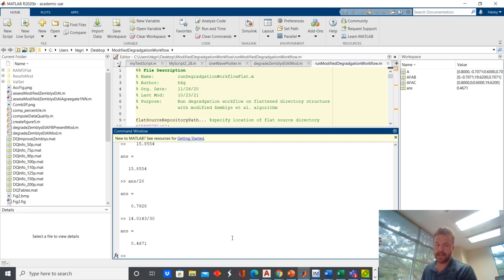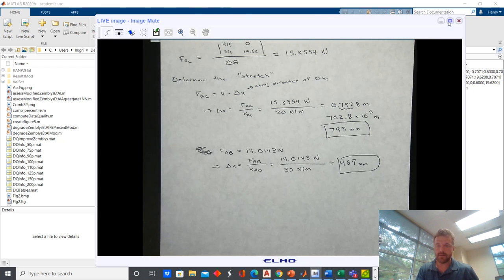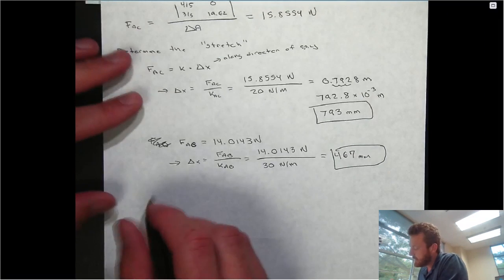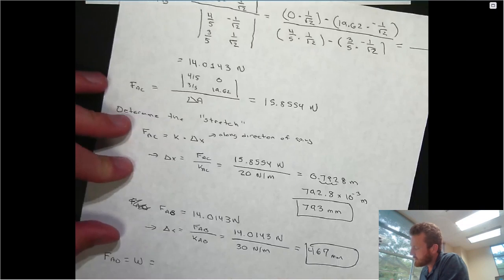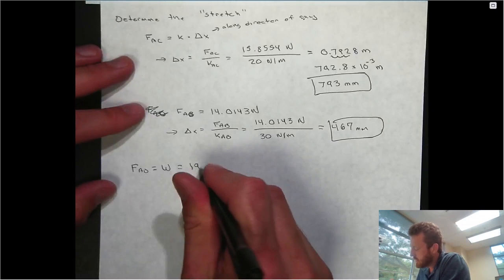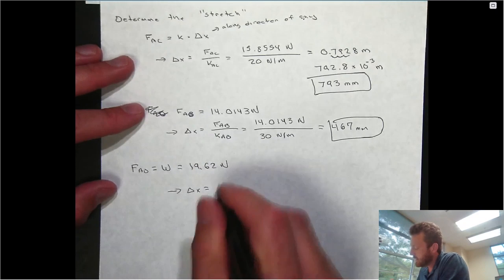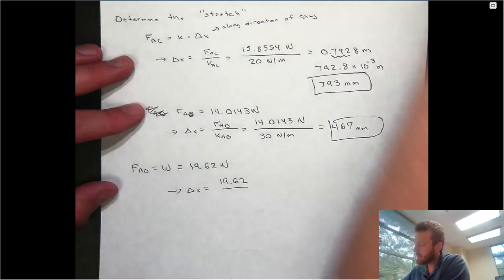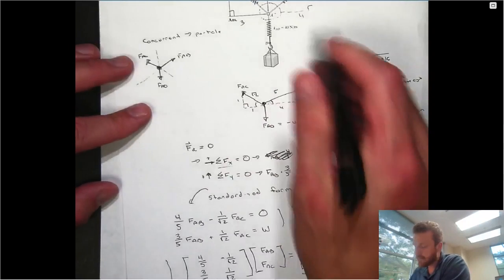And then finally, the last one that we need to compute is the actual stretch of the spring that's directly attached to the weight. So that would be FAD, which we know to be W, which was just 19.62 newtons. So the displacement of that spring is going to be 19.62 divided by the spring constant of that spring, which was 40 in this case.